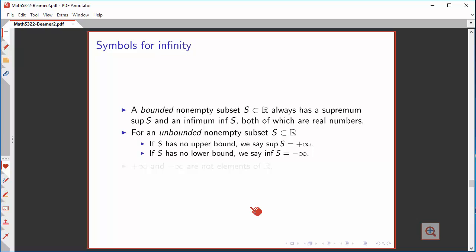If it has no lower bound, we say that the infimum is minus infinity. That means that every subset of the real numbers has a supremum or an infimum, but it's not always a real number. Plus and minus infinity are not real numbers because they don't satisfy the field axioms. You get into serious trouble with things like 0 times infinity.